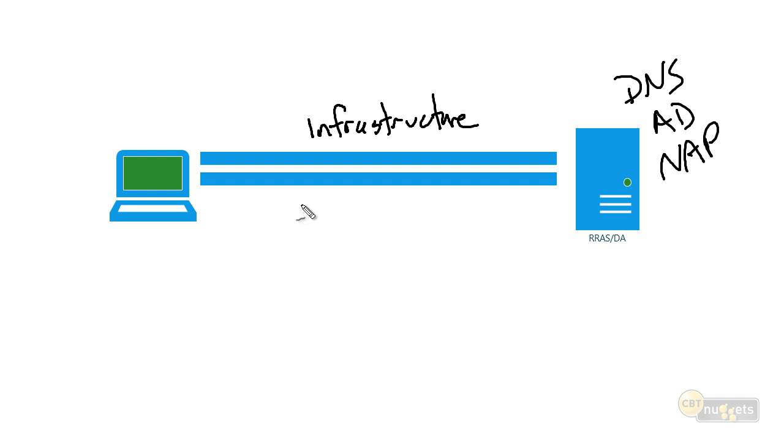The second tunnel is called the intranet tunnel, and it's designed to provide access to intranet resources such as your websites, your internal file shares, your application servers, and so forth.